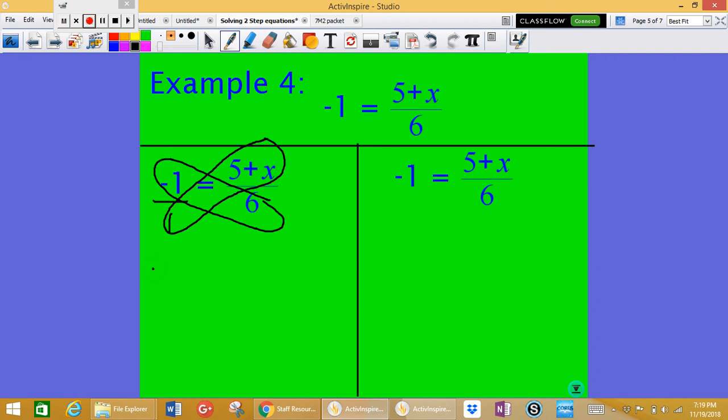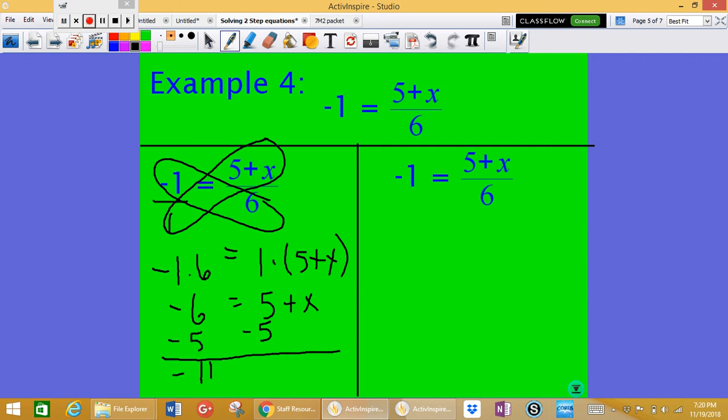So negative 1 times 6 is equal to 1 times 5 plus x. So this is negative 6 equals 5 plus x. I'm going to subtract 5 from both sides. So negative 11 equals x.